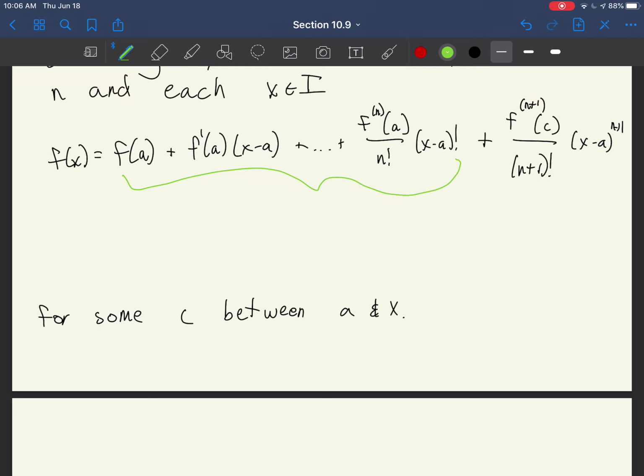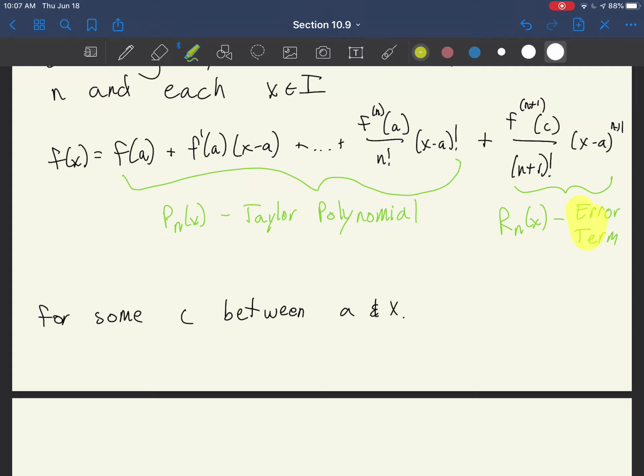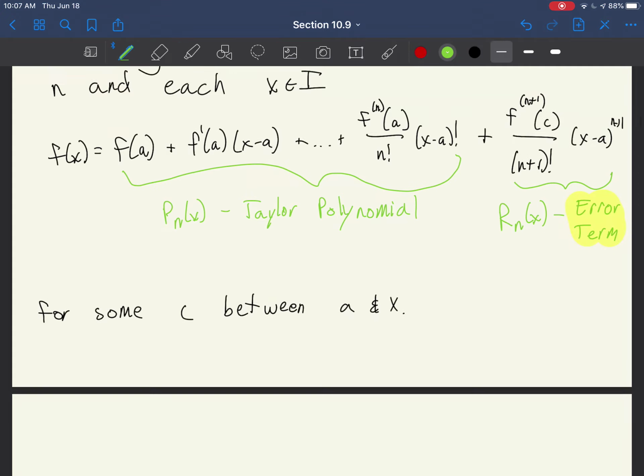And let me move this down. I want more space. And so what we're going to do is we're going to look at the first n terms. This is Pn of x, the Taylor polynomial. And then this last term is going to be labeled Rn of x, which we will call the error term.